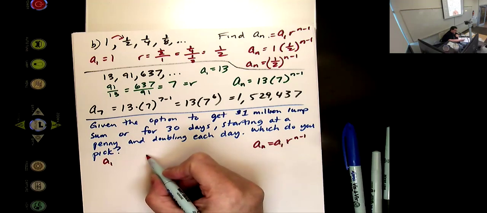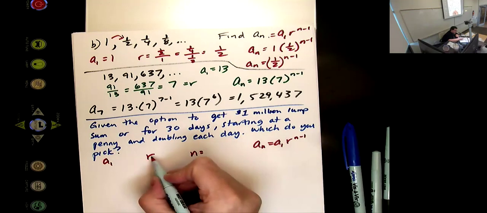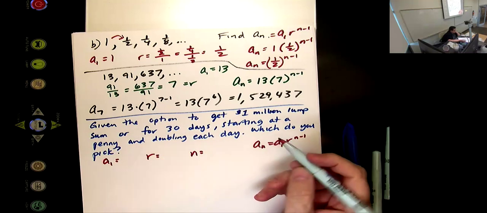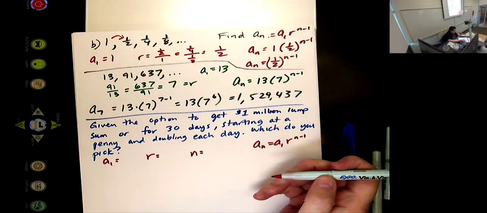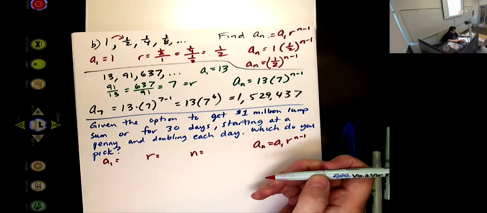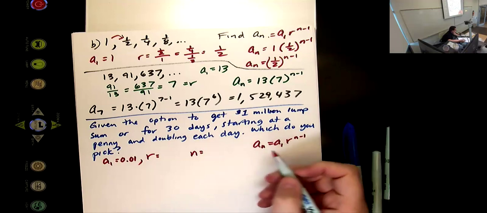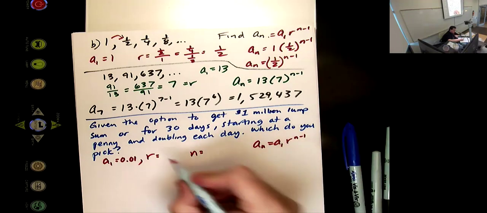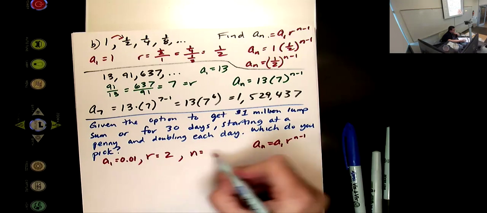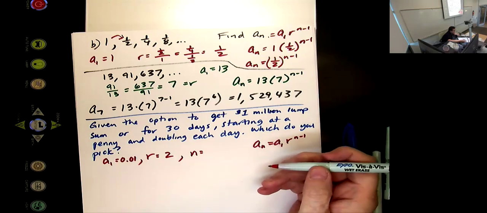What is r? And what is n? A sub 1 would be 0.01, it's the penny. What's r? R is 2, it's doubling. What's n? 30.